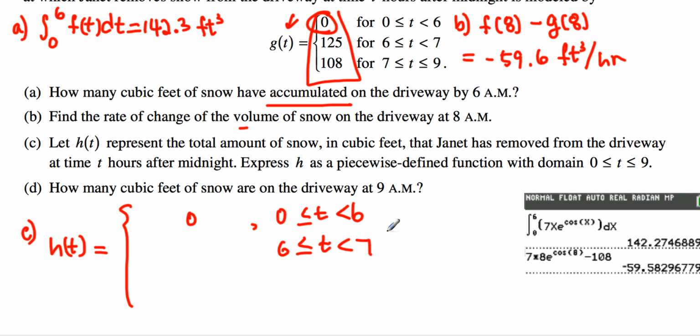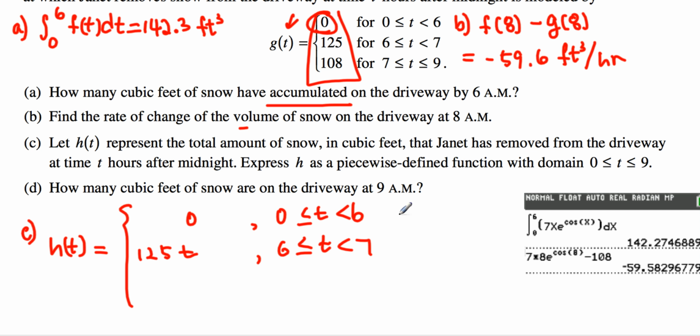Then what happened? That's right. Basically, whatever already acquired, the rate will be 125, and then we have to integrate that. So we end up getting 125t. That's basically what we end up getting.